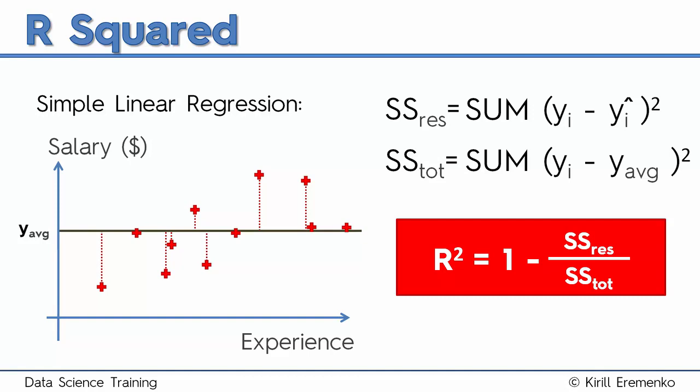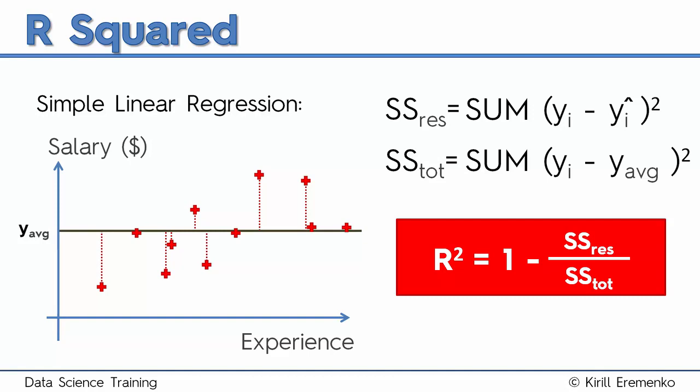So in a way, the way to think of it intuitively is the average line, which we have on the chart right now, is also a type of trend line. It's just horizontal, right? It's not sloped, it's just a horizontal trend line, but it kind of also is. So you can think of it as a model that is fit to a dot. It's not the best model, but it's just y average.